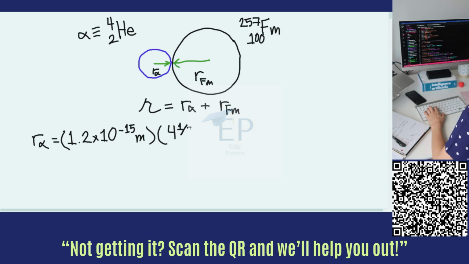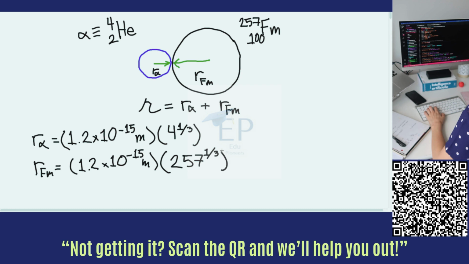Similarly, for the Fermi element atom, the radius of that nucleus has this same scaling constant times the cube root of its atomic mass number, which is a much larger 257, cube rooted.